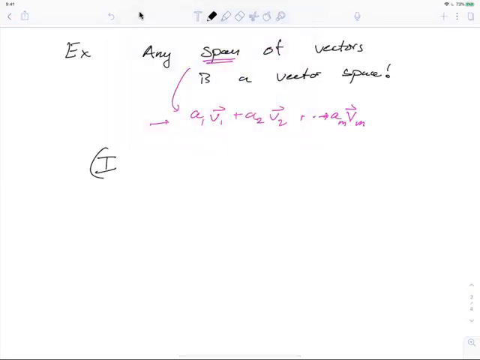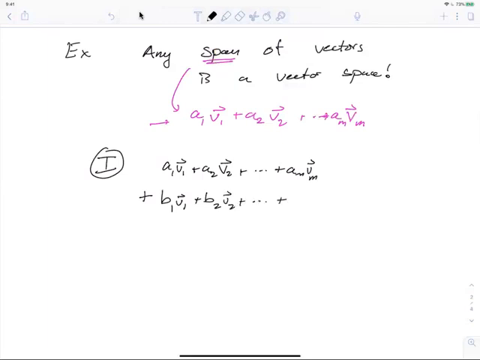So let's check property 1. If I take 2 vectors of this form, right, so I take a generic form of any linear combination of these vectors, and I add it to something of the same type. So here I'm using B because the B's aren't necessarily the same as the A's. They're just indicating that there's some different combination. It could be the same, but it's probably not.